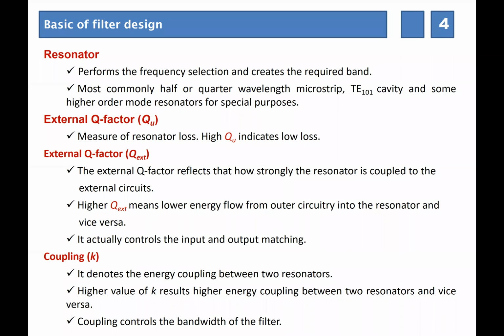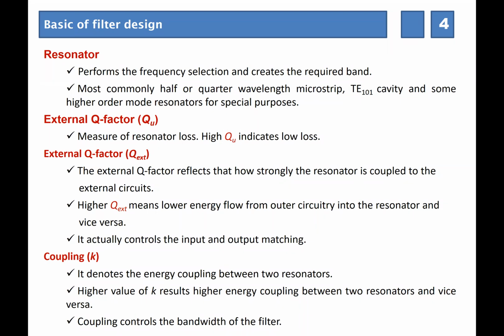For high performance and very low insertion loss at very high frequency, waveguide is the most preferred one, but it is bulky. At the same time, the implementation cost of a waveguide filter is quite high. Where we need very compact designs, we go for microstrip or other planar structures. So first of all, we have to design one resonator.